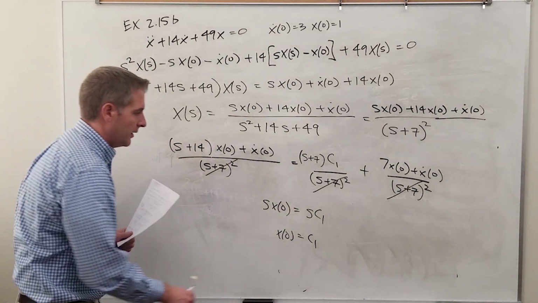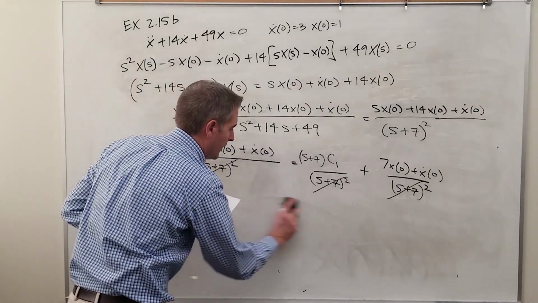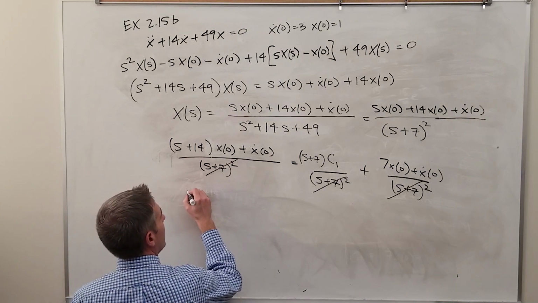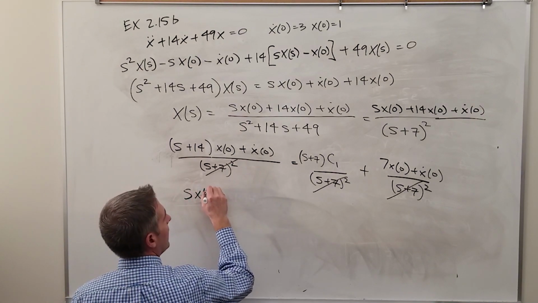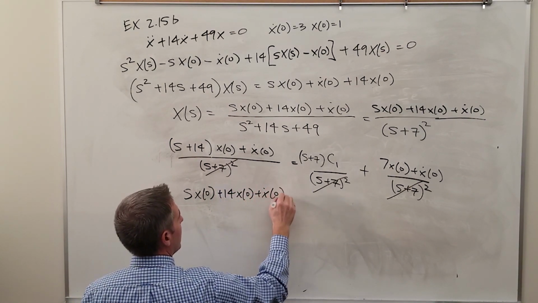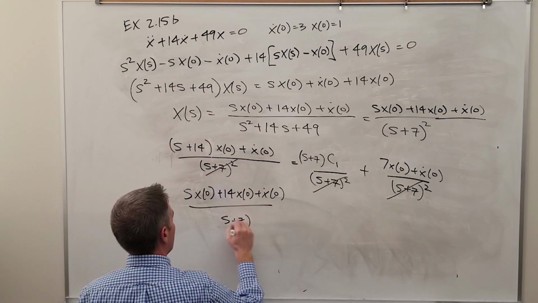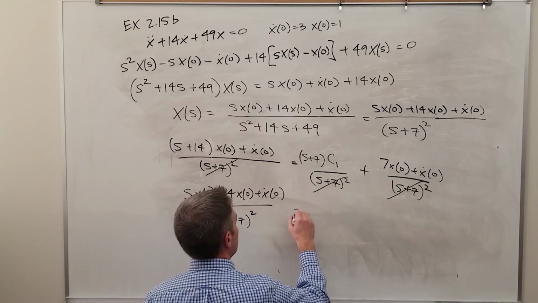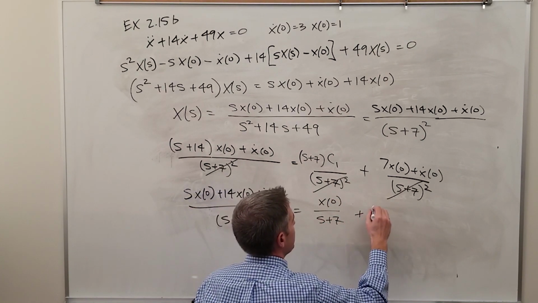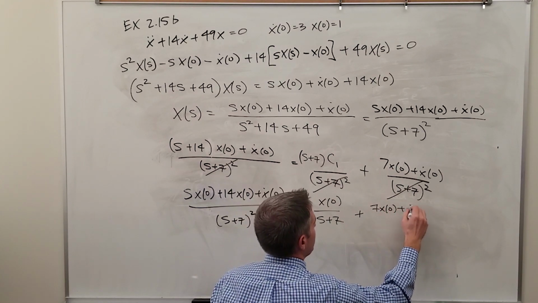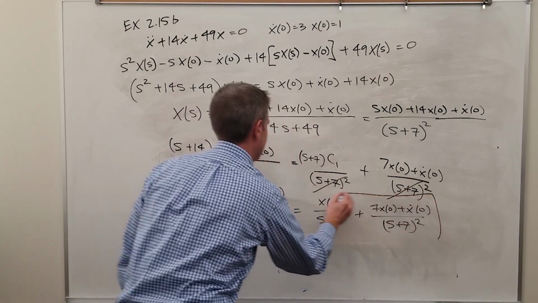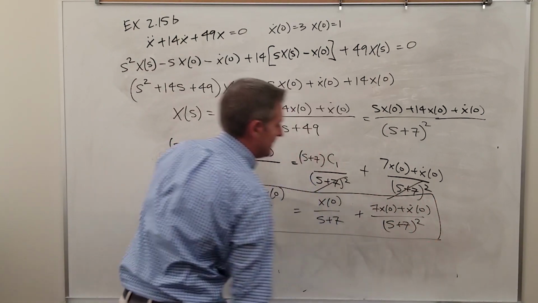So now I can go back and rewrite my equation. It is going to equal x0 over s plus 7, plus 7x0 plus x dot 0, all over (s plus 7) squared.